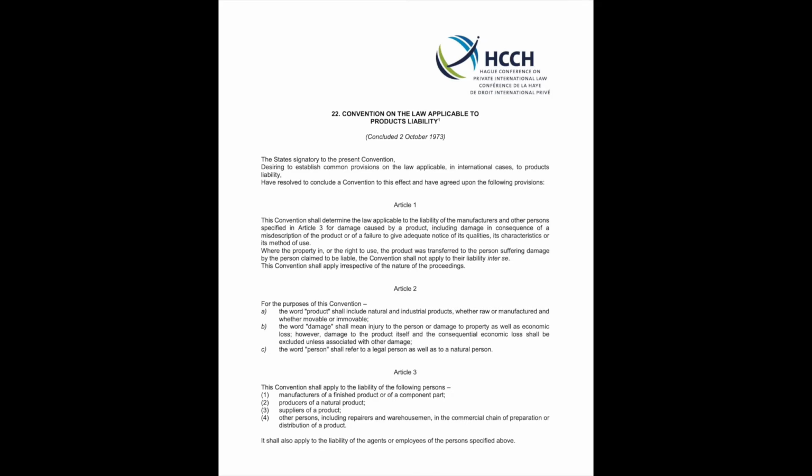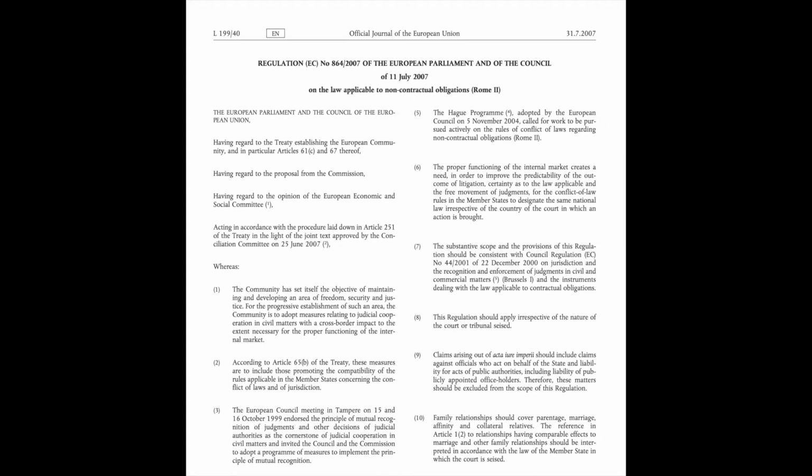And we are going to see also the regulation we find in the Rome II regulation. In the Rome II regulation, there is an article devoted to product liability, Article 5 of the Rome II regulation.